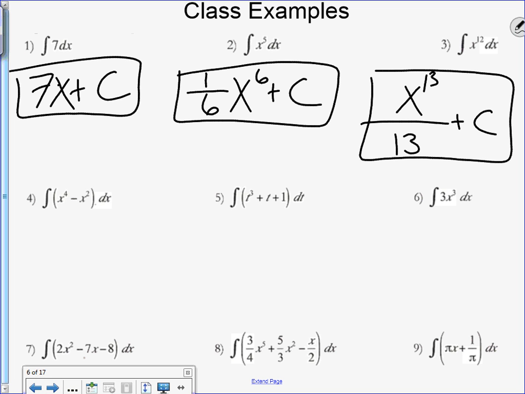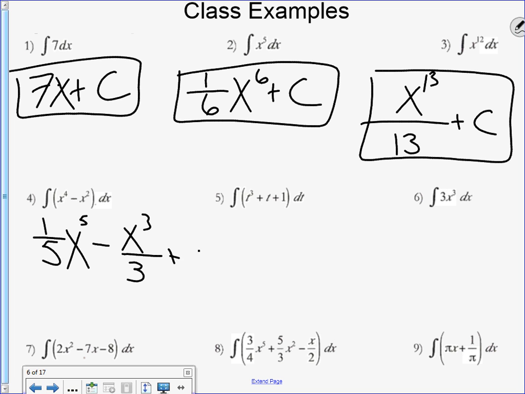So let's first take the antiderivative of x to the 4th. What's that going to be? 1/5 x to the 5th. All right, and then you get the minus the x squared. So it'll be minus, oh, no, you went the other way. So you can say minus 1/3 x cubed or minus x cubed over 3. Just like this first term could be x to the 5th over 5.